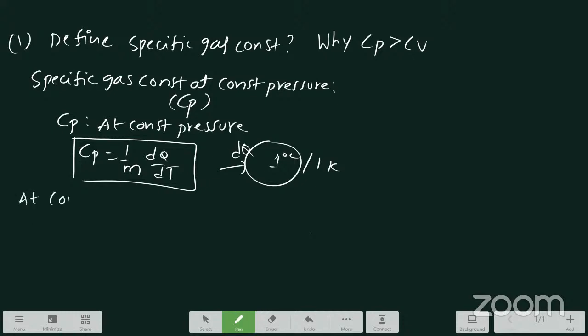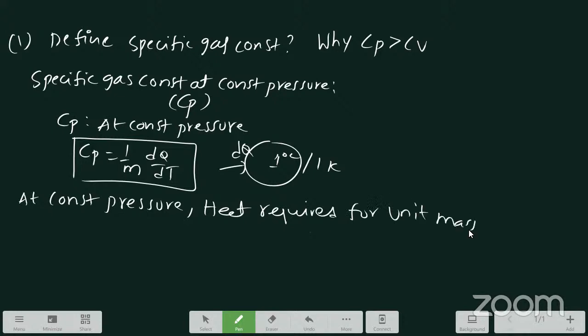At constant pressure, the amount of heat required for unit mass of gas to rise unit temperature. So, students, at constant pressure, we need heat to raise the temperature of 1 gram or 1 kilogram of body by one degree.